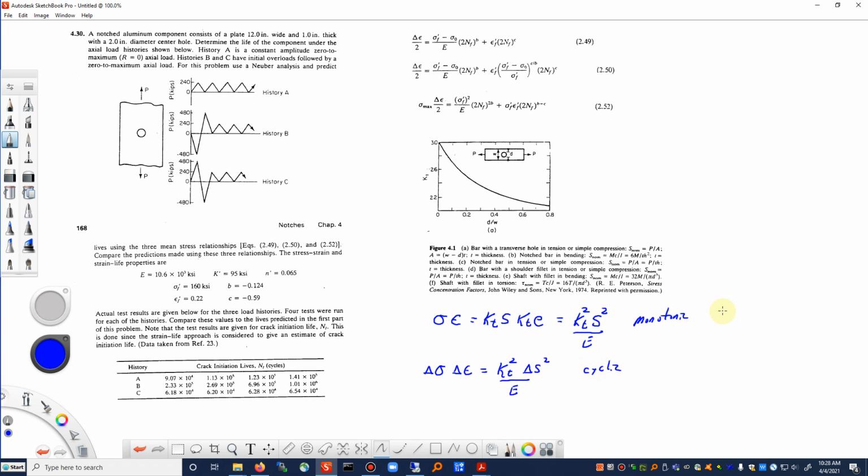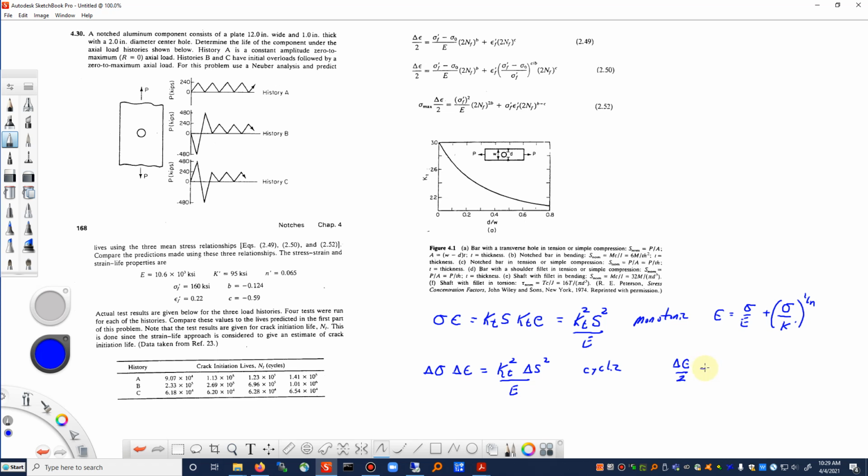In which case, we're going to have epsilon equal to sigma over E plus sigma over K, but we're going to use K prime if it's a cyclically stable material, to the 1 over n prime power. And then similarly for delta epsilon, I like to write it in amplitudes first.